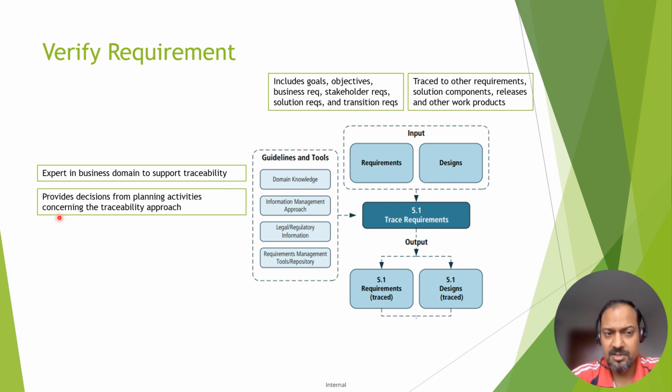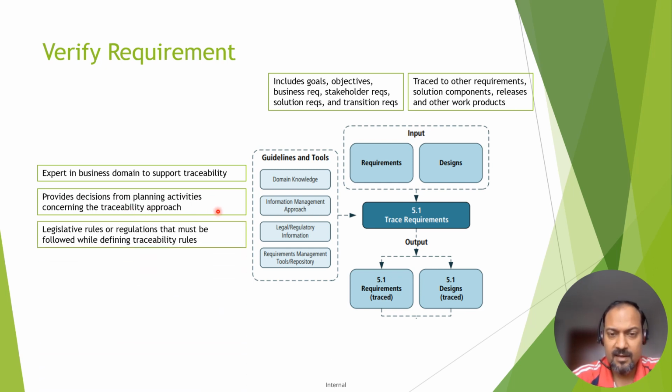Information management approach: it provides decisions from planning activities concerning the traceability approach. Legal regulatory information: legislative rules or regulations that must be followed while defining traceability rules. Requirement management tools and repository: used to store and manage business analysis information.